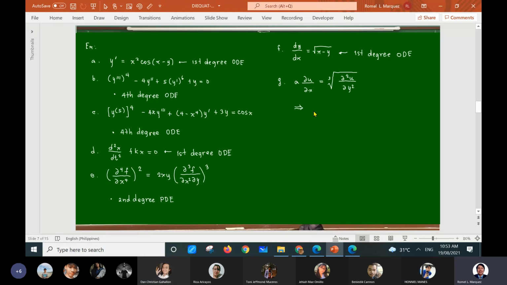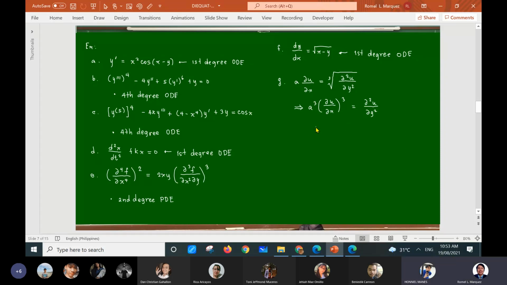So this becomes a cubed, and then partial derivative of u with respect to x, quantity cubed, and that is equal to second partial derivative of u with respect to y. Okay? Can we now determine the degree? Yes. What's the highest derivative?